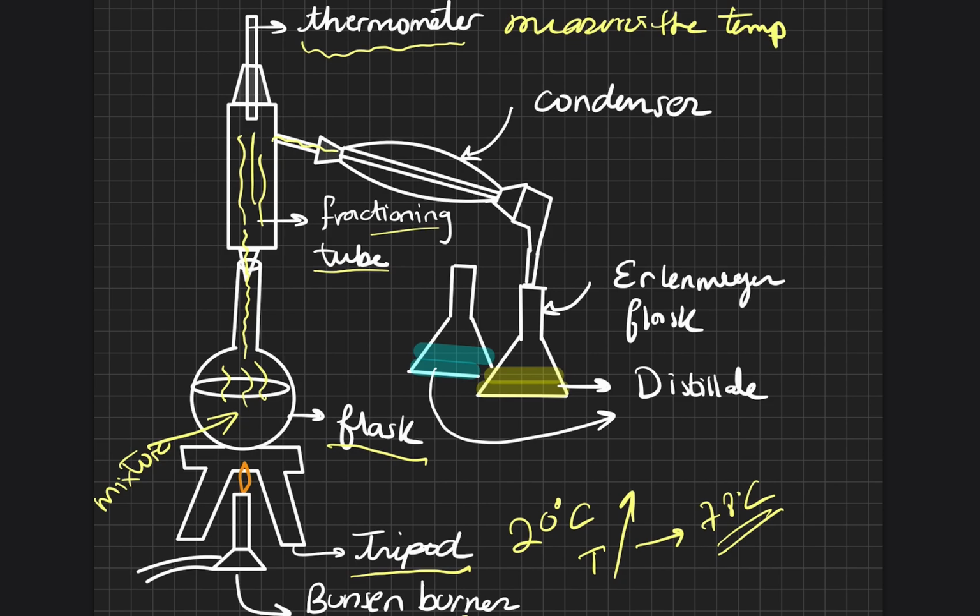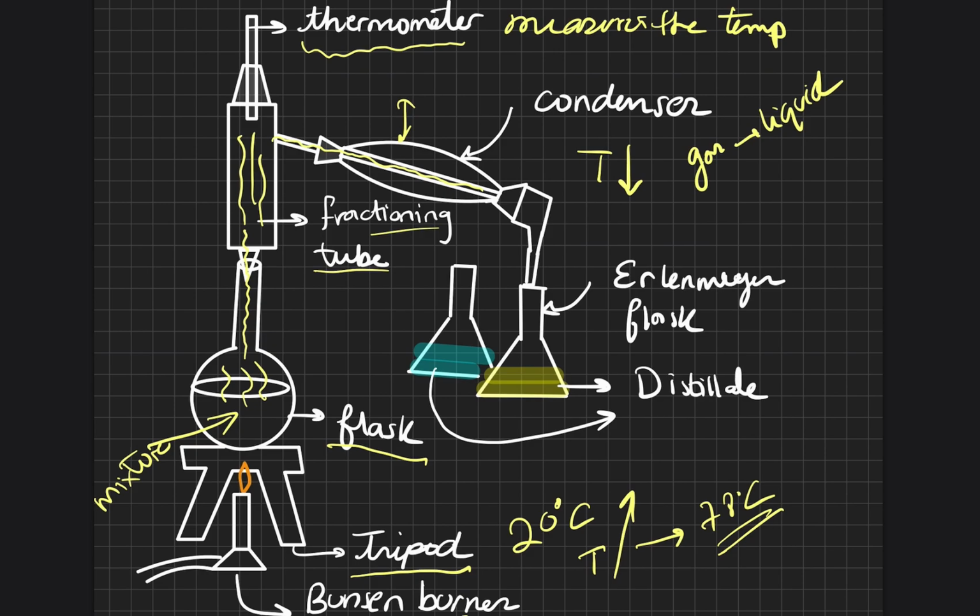Okay, so the vapor will come up here into this fractionating tube, and it will go into this small tube into the condenser. What happens in the condenser? Well, there's heat exchange between the vapor, the ethanol vapor or the gas, and the environment. So the temperature of ethanol will decrease, and ethanol will turn from gas to liquid, because remember, when we heat something, it turns to gas.